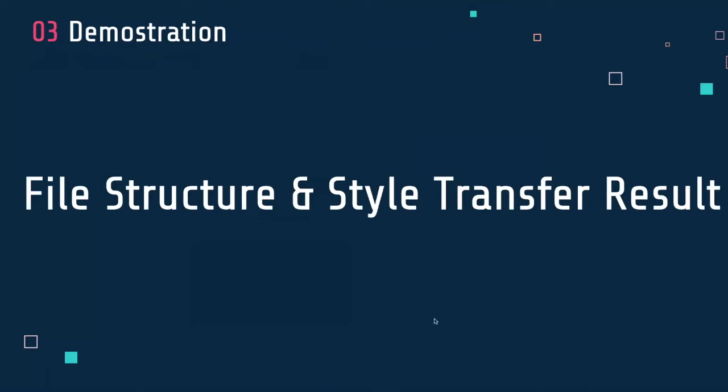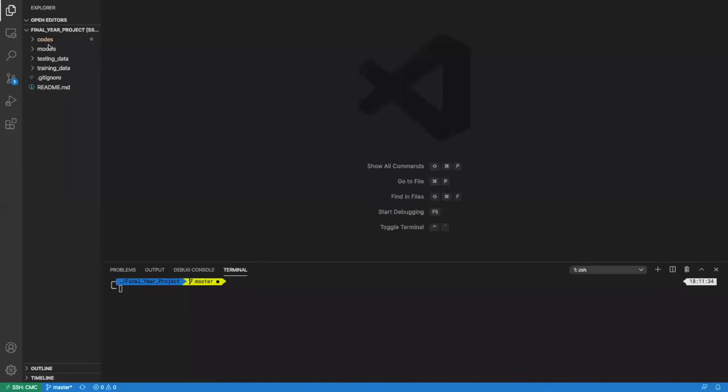So for the file structure and style transfer part, let me demonstrate the result using VS Code and Jupyter Notebook. So here you can see our file structure. The codes folder includes data pre-processing code and the code for style transfer.